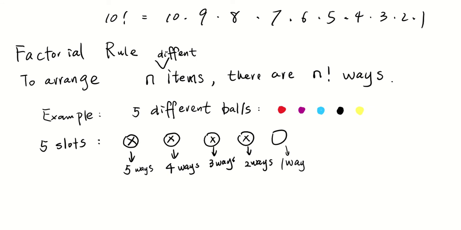So according to the multiplication counting rule, the total number of outcomes would be 5 times 4 times 3 times 2 times 1, which happens to be 5 factorial. That's why we say if you want to arrange n different items, there are n factorial ways.